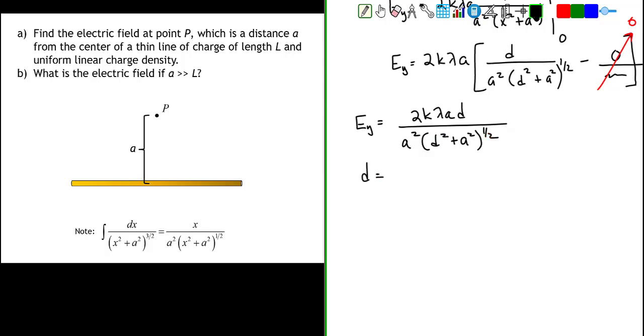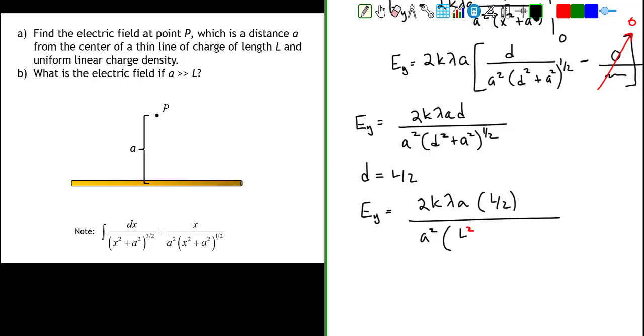We said that d is equal to L over 2, so the y component then is 2k lambda a L over 2, over a squared times L squared over 4 plus a squared to the 1/2.